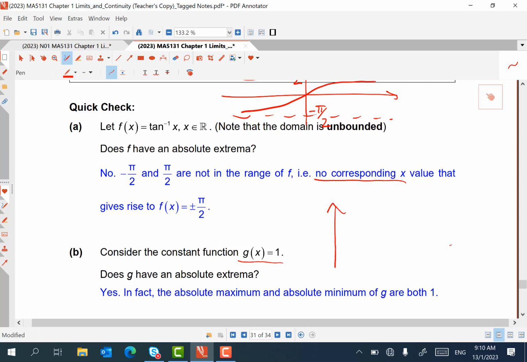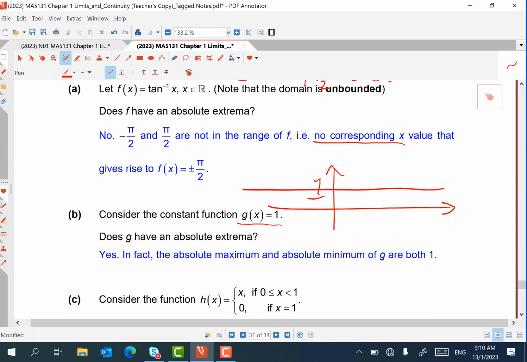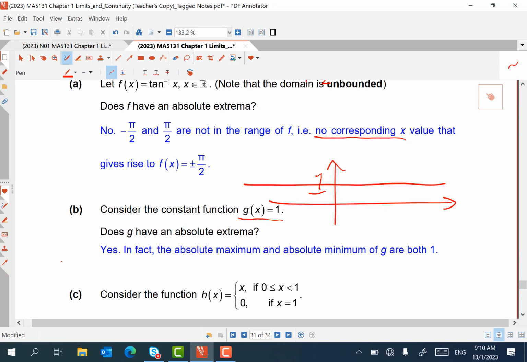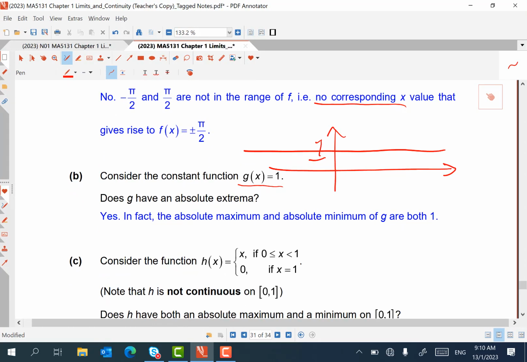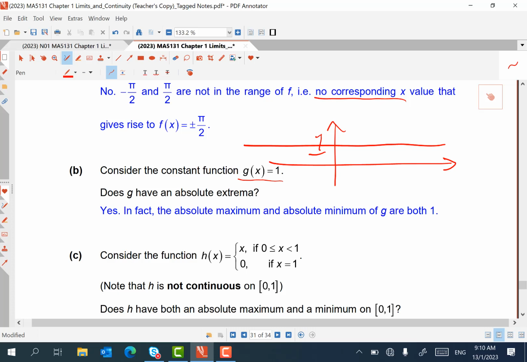Yeah. If you draw the graph, you can see, being a uniform function, the absolute minimum and the absolute maximum are both 1. Okay, now part C. For part C, they ask the same question. You may want to draw this graph to see whether or not it has a maximum or minimum.